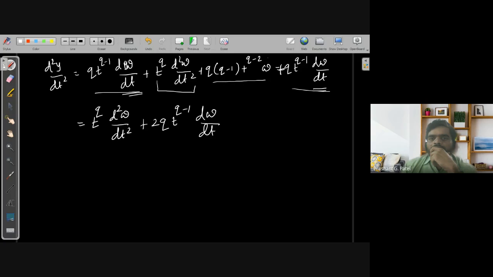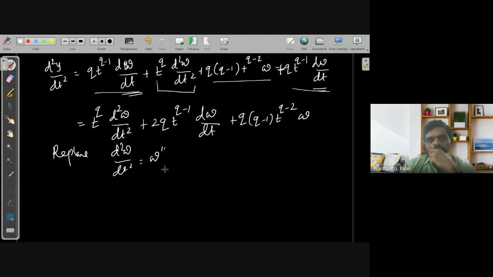This will be the same term, that is q into q minus 1 t power q minus 2 w. I just replace here d square y by dt square by w double dash, and dw upon dt by w dash, and q equal to a.